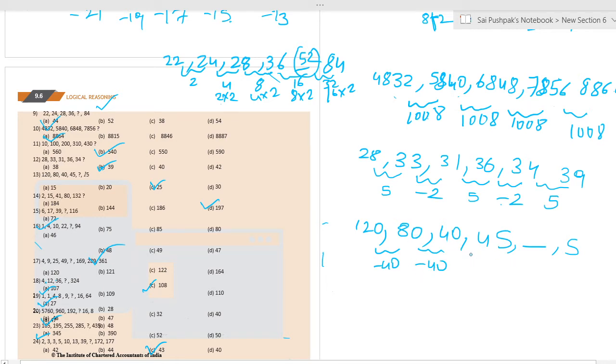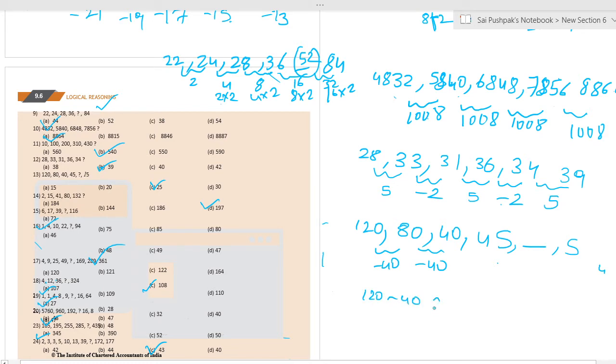And if you see there's an addition here, actually it should not be addition. So the pattern here is aligned in such a way that the first three numbers will be in one pattern, and the next three numbers will be in another pattern. Okay, so what is the difference between 120 and 40?